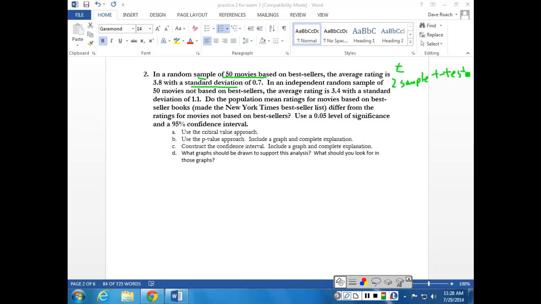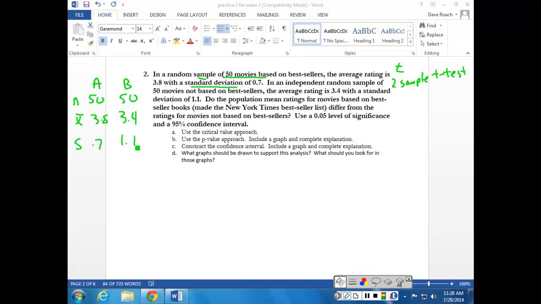And so the first thing I want to do is just write down the information from the problem. Two groups. The first one has a sample size of 50, a sample mean of 3.8, a sample standard deviation of 0.7. The second one has 50, 3.4, 1.1.